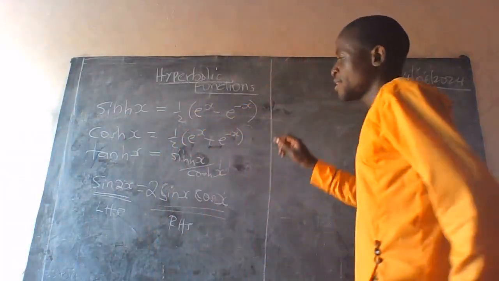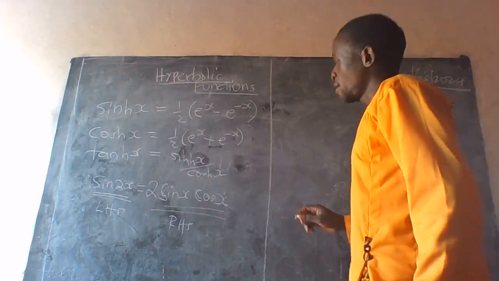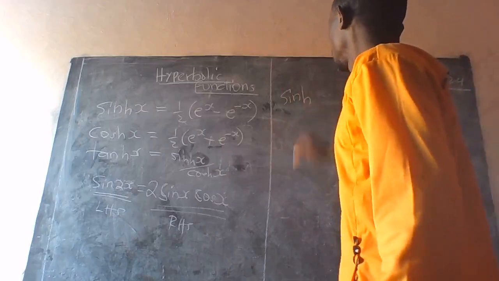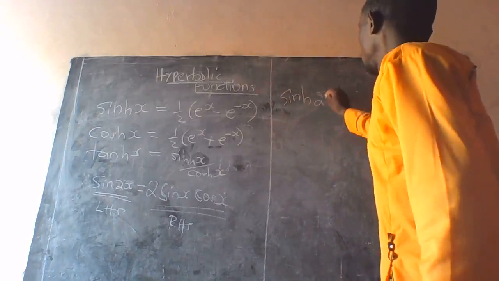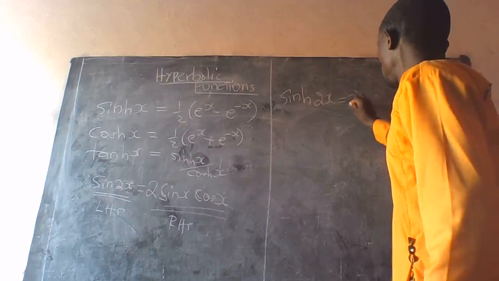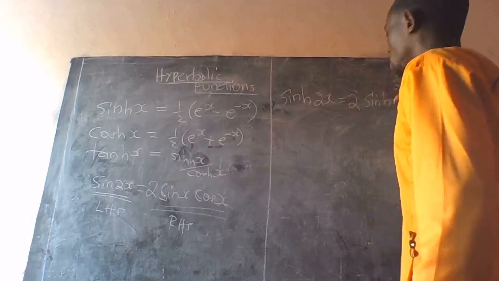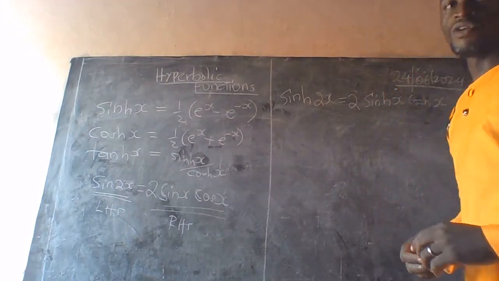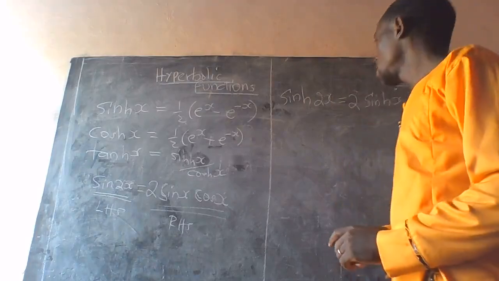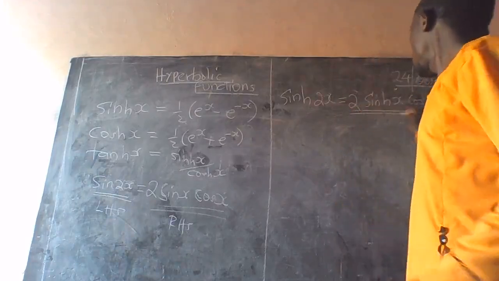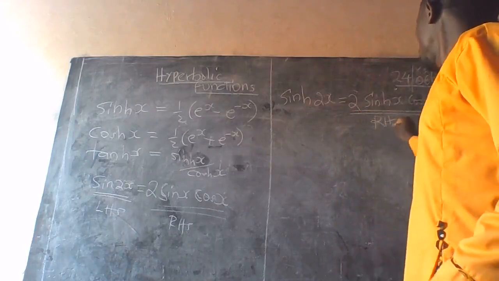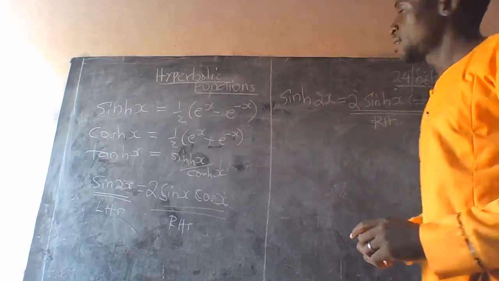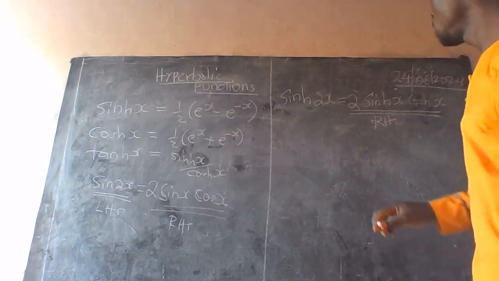So we will write them in hyperbolic nomenclature. That is going to be sinh 2x is given by twice sinh x cosh x. Let's look at the right hand side to see if it will prove for us the left hand side.